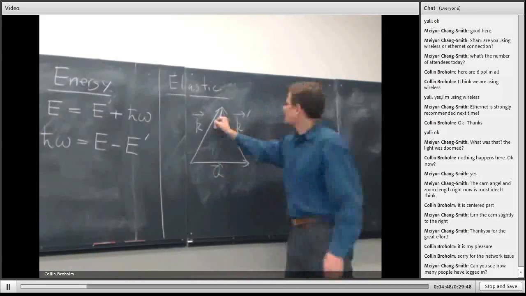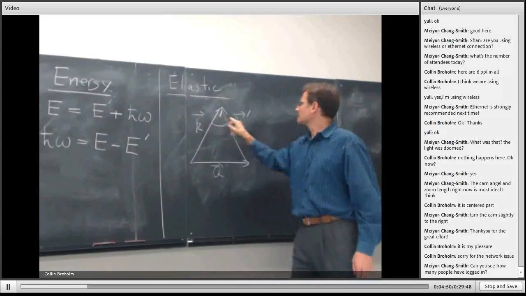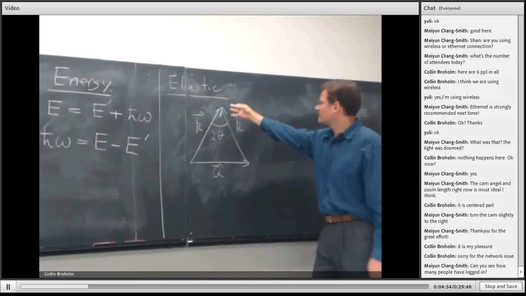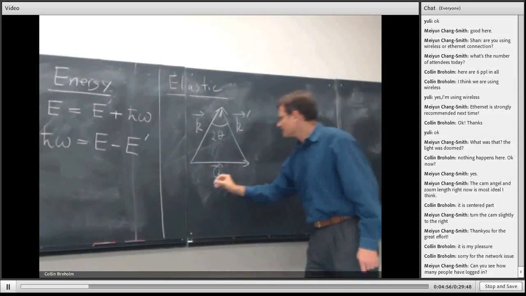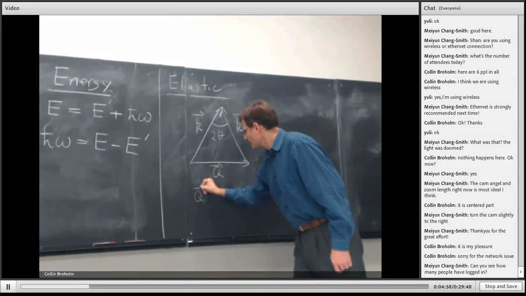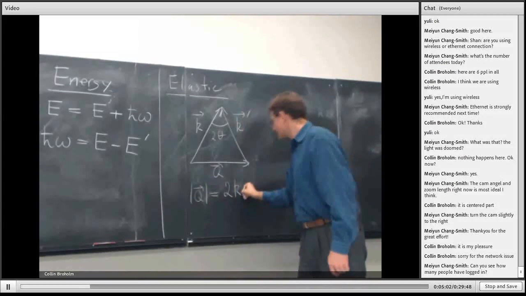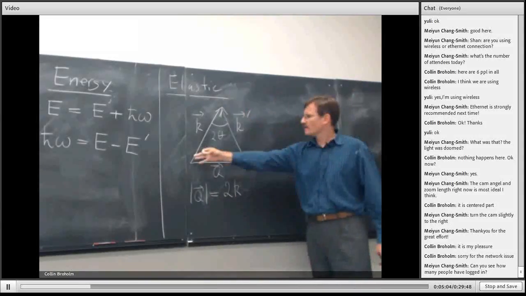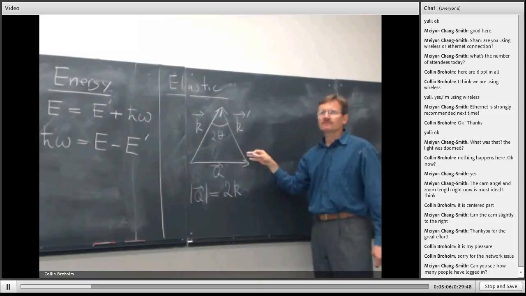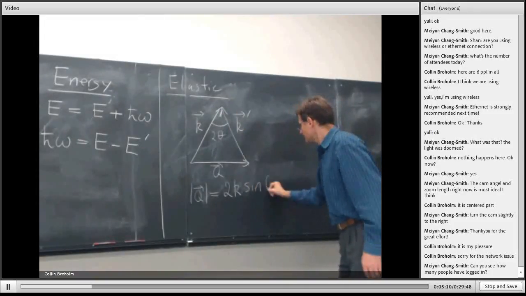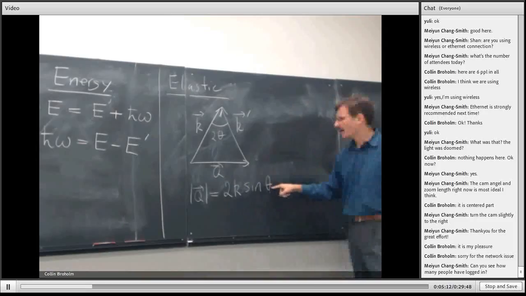And if I denote the angle between incident and scattered neutron by 2 theta, then looking at this triangle, we can readily show that the length of this vector Q is equal to twice the length of the wave vector of the incident and scattered neutron, they have the same length, times sine of theta, which is half of the scattering angle.